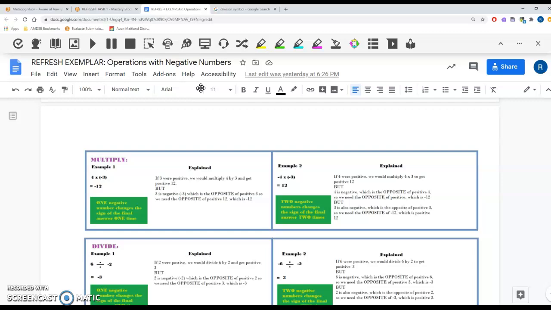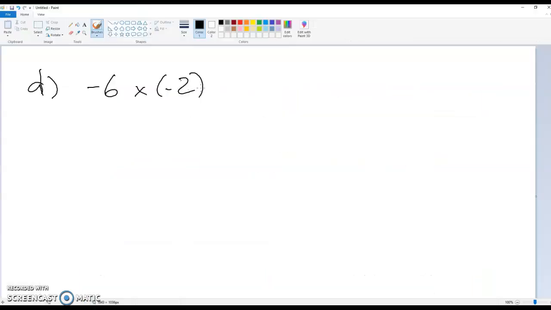So if we had two positive numbers, we would take those two numbers and divide and get a solution. Okay, but we have one negative number which changes the answer once, and then we have a second negative number which changes the answer again.